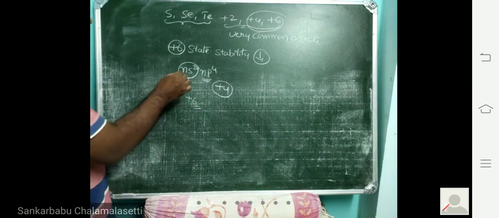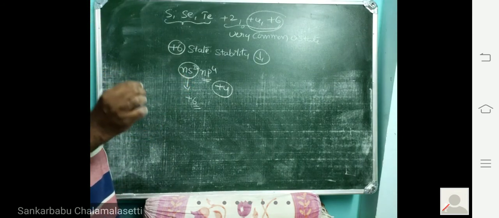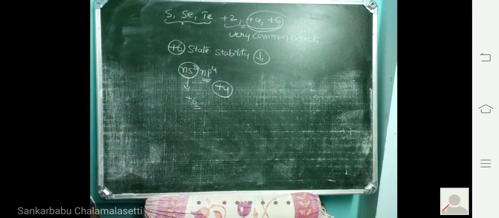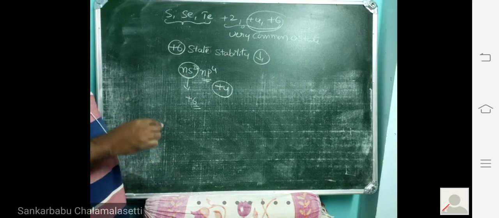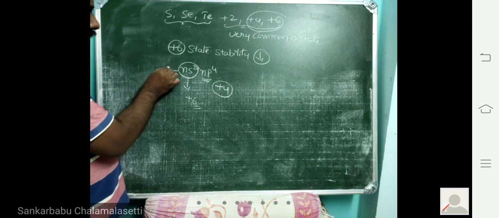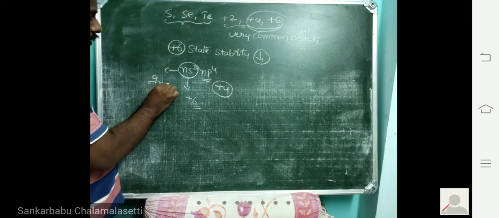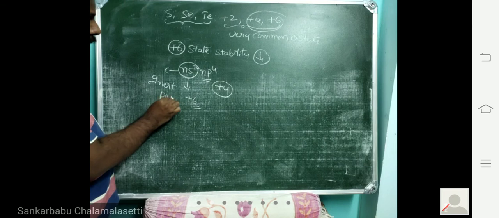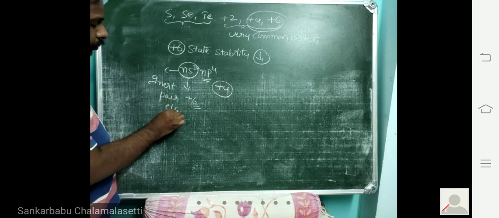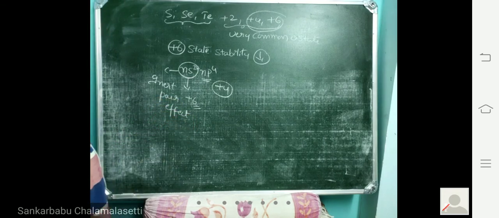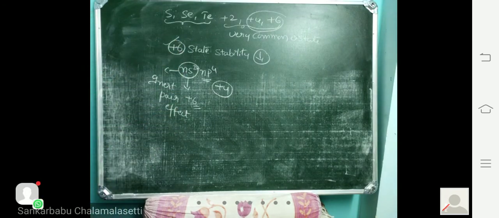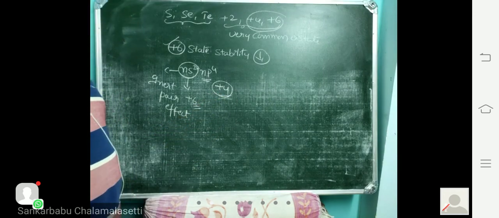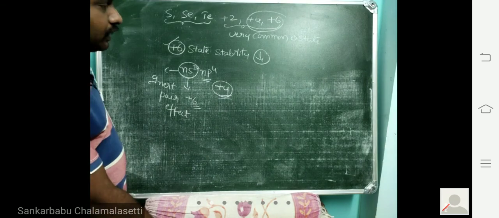But these ns electrons are not involved in bond formation. That non-involvement of outer ns electrons in bond formation we call the inert pair effect. Because of this inert pair effect, from top to bottom, the stability of the +6 oxidation state gradually decreases and the stability of the +4 oxidation state gradually increases.